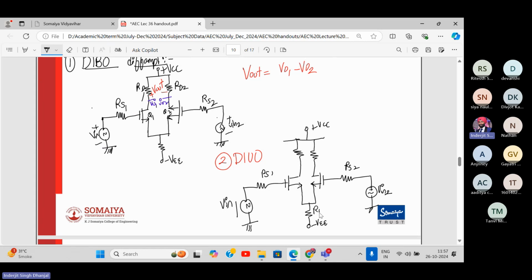This resistor we call RE, this will be RC1, this will be RC2. Okay, so this configuration is DIUO.